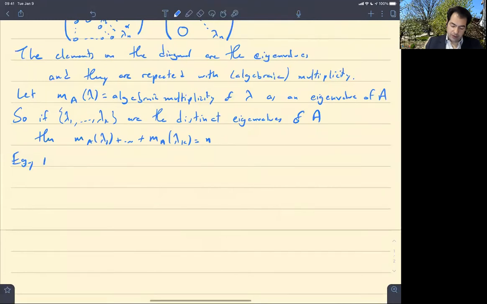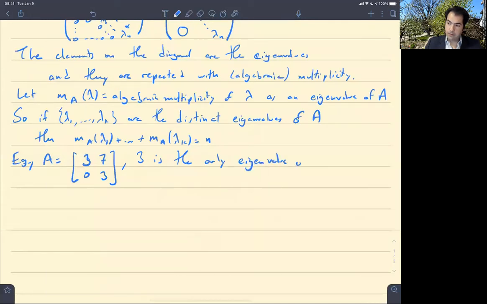So for example, if I have a matrix with entries 3, 0, 7, 3, then 3 is the only eigenvalue of A, and it has algebraic multiplicity 2.